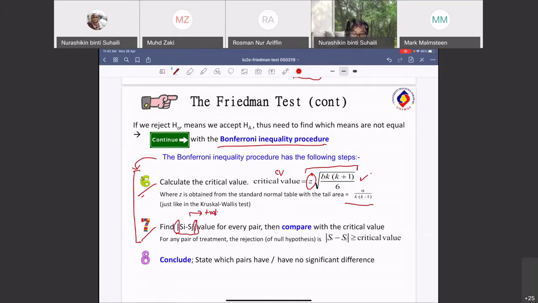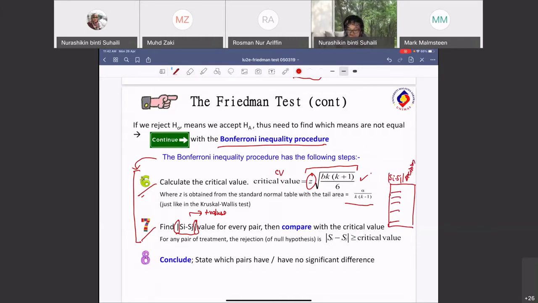So what happens if you forget the absolute value or the bar symbol? You might get negative values, and when you compare this with the positive value of CV, of course it will be less, and then your decision might be wrong. So it should be the positive value of the difference between Si and Sj. Here you will have a number of decisions depending on the number of pairs that you have.